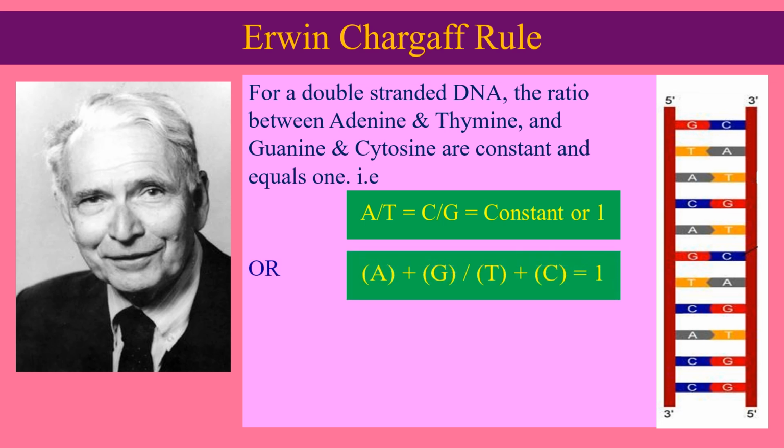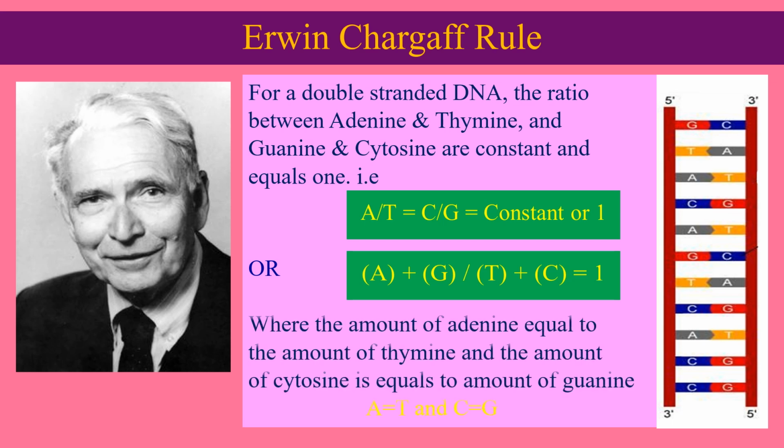Or the ratio of the amount of adenine and guanine, that is purines, to the amount of pyrimidines, that is thymine and cytosine, equals 1, where the amount of adenine is always equal to the amount of thymine. The amount of cytosine is always equal to the amount of guanine.